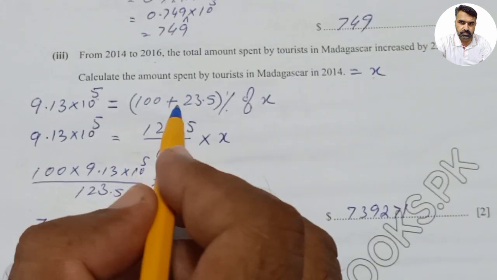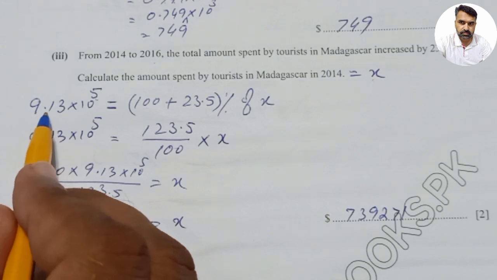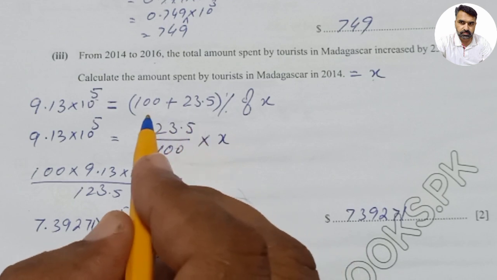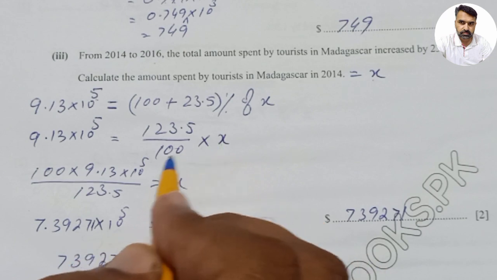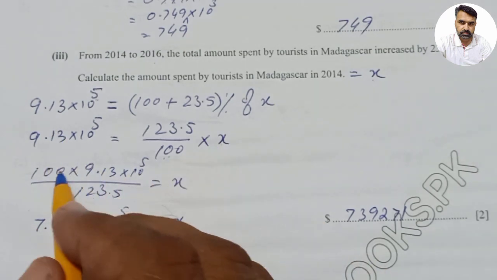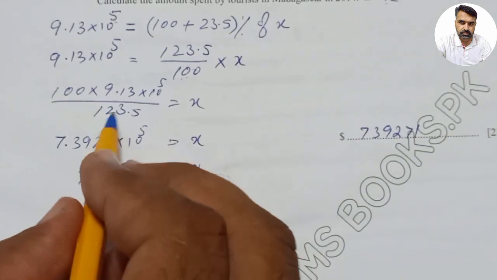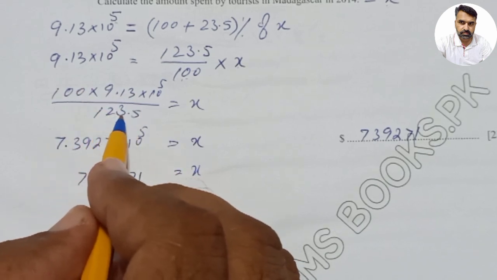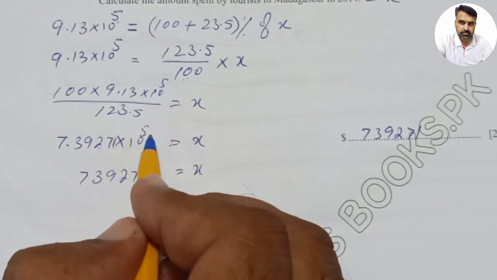So students, 100 plus 23.5% of X will be equal to 9.13 multiplied by 10 to the power of 5. We add 23.5 to 100 and it becomes 123.5 over 100 multiplied by X. This 100 is dividing on the left side, so when we transfer it to the other side, it will multiply, and 123.5 will divide. When we use the calculator, 100 multiplied by 9.13 divided by 123.5, we have 7.39271 multiplied by 10 to the power of 5.